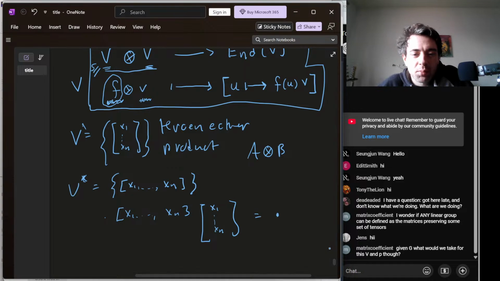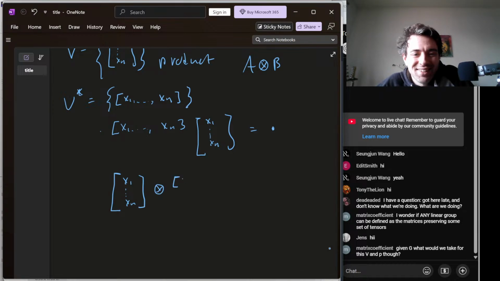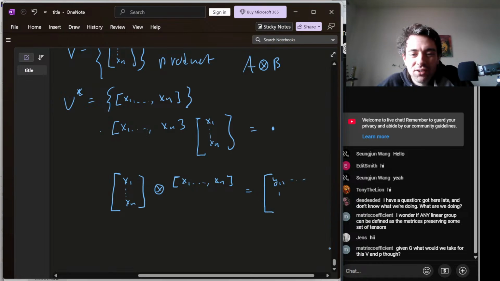That gives you the dot product. But now the Kronecker product allows you to multiply these matrices the other way, and the thing that you end up with is some n by n matrix.